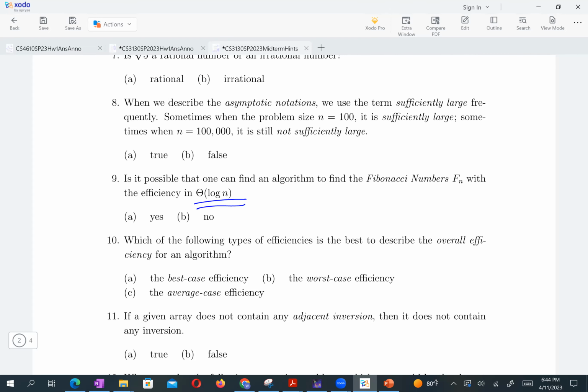Go back to look at the comments in homework assignment number 1. Let me jump to it, otherwise you may spend too much time to find the comments. This is the homework assignment number 1 annotation, the answer.